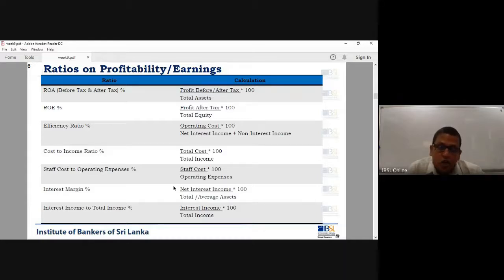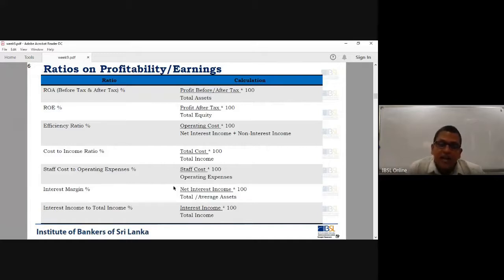If they give the opening assets and ending assets, we add the opening assets and ending assets and divide by the 2, then we get the average assets. The opening assets plus ending assets divided by the 2 gives the average assets.